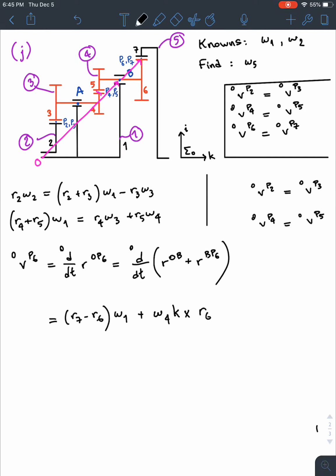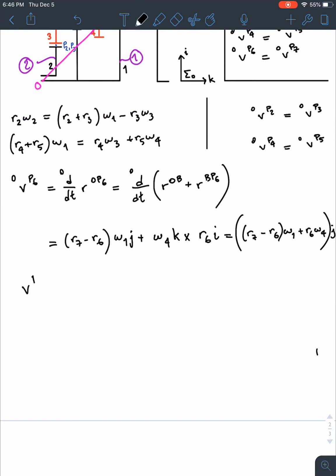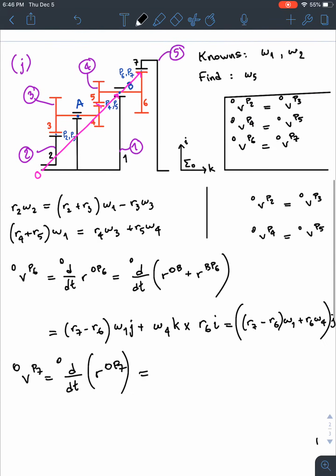So it's going to be R6 in the I direction, which is going to result in this says J direction, R7 minus R6 times omega 1 plus R6 times omega 4, all in the J direction. And finally, velocity of P7 in 0 is going to be computed by taking a position vector that goes all the way to P7, right?